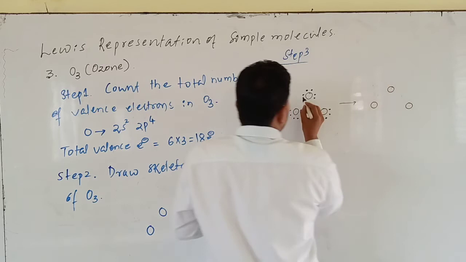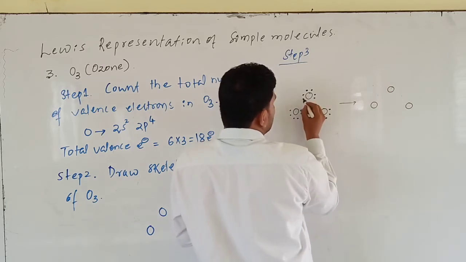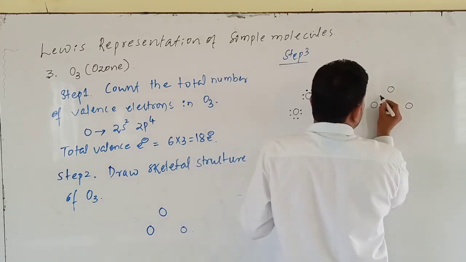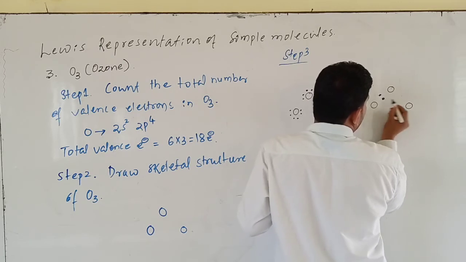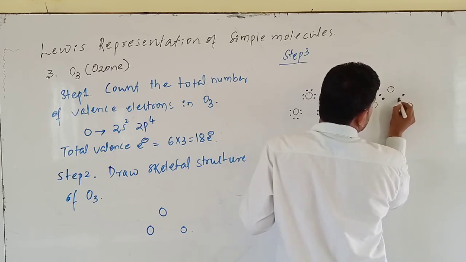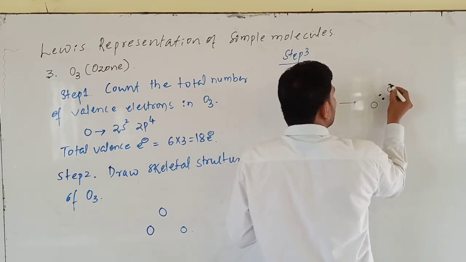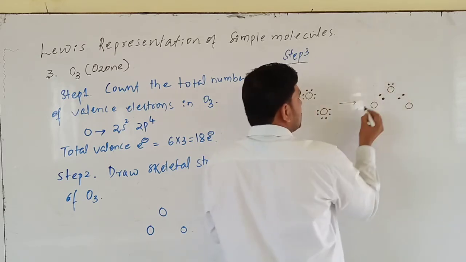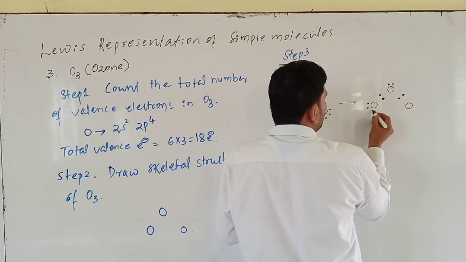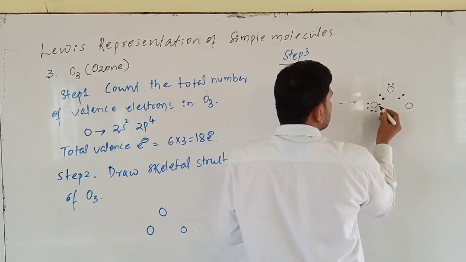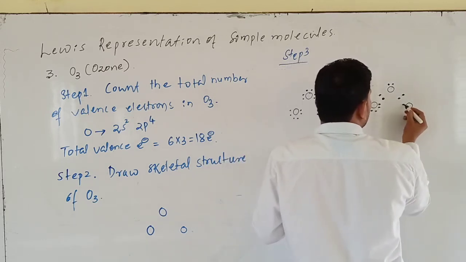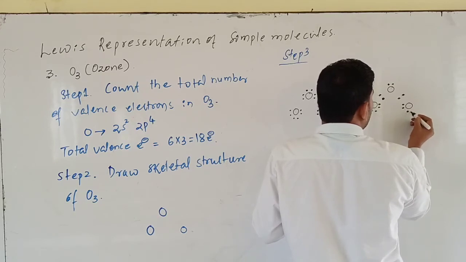Okay, see, when you draw single bond, first I am placing those shared electrons. See, over here only remaining are 2 4 6 electrons.